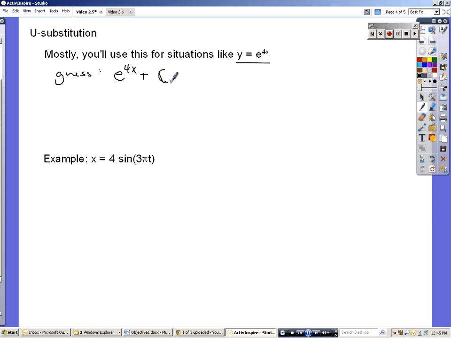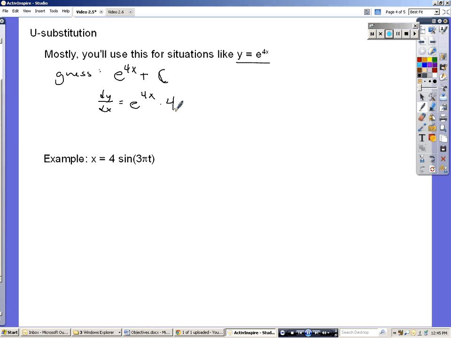That seems reasonable. We've seen that when we took the derivative of e to the 4x, we got e to the 4x, or something like that. So let's take the derivative of that. Well, when we take the derivative of this, we've got the chain rule. So we have e to the 4x, but we also have to take the derivative of the 4x to get 4.